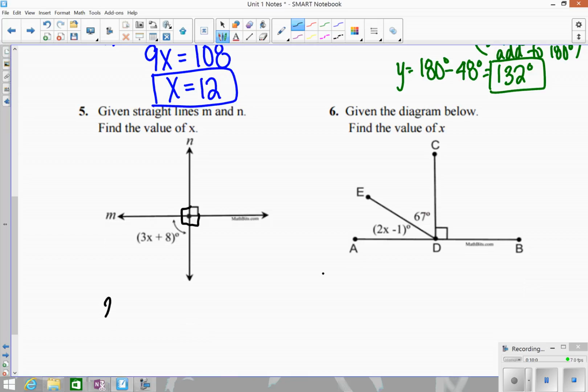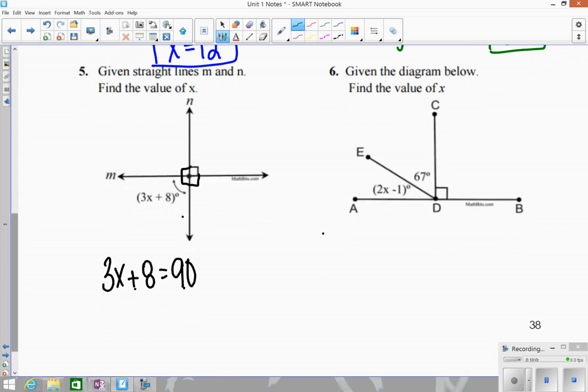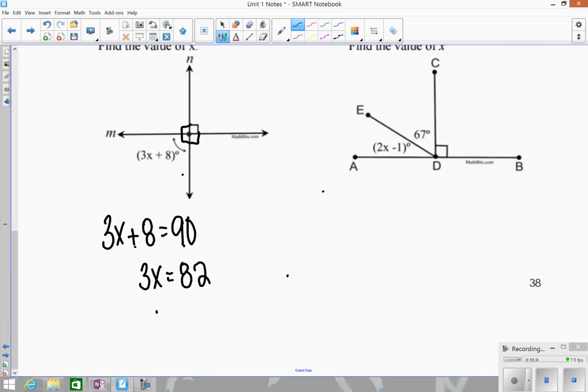So you can just set it equal. So 3x plus 8 equals 90. And then subtract 8. So we have 3x equals 82. Divide by 3. You get x equals, so you're going to see in the calculator 82 over 3. So you could leave it like that, or you can get it as a decimal.